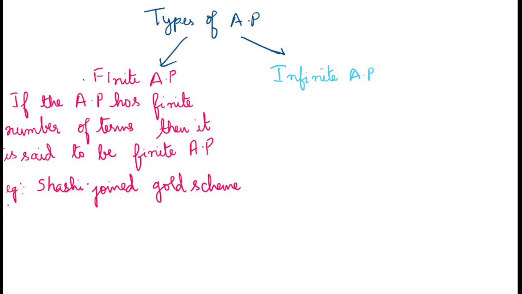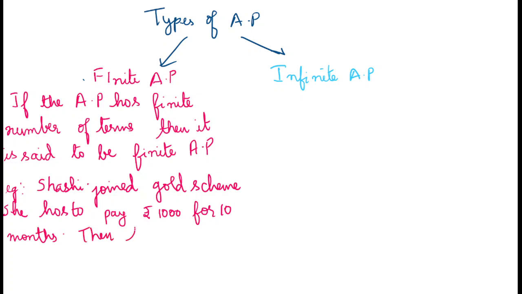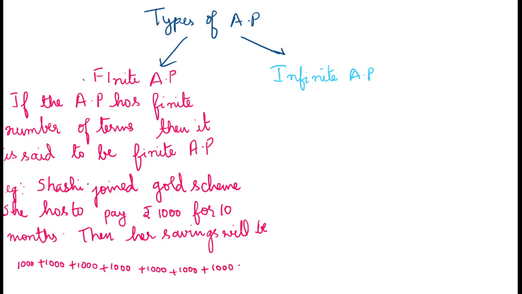Then her savings will be 1,000 plus 1,000 plus 1,000 and so on, for months 1, 2, 3, 4, 5, 6, 7, 8, 9, 10. So this is about her savings.